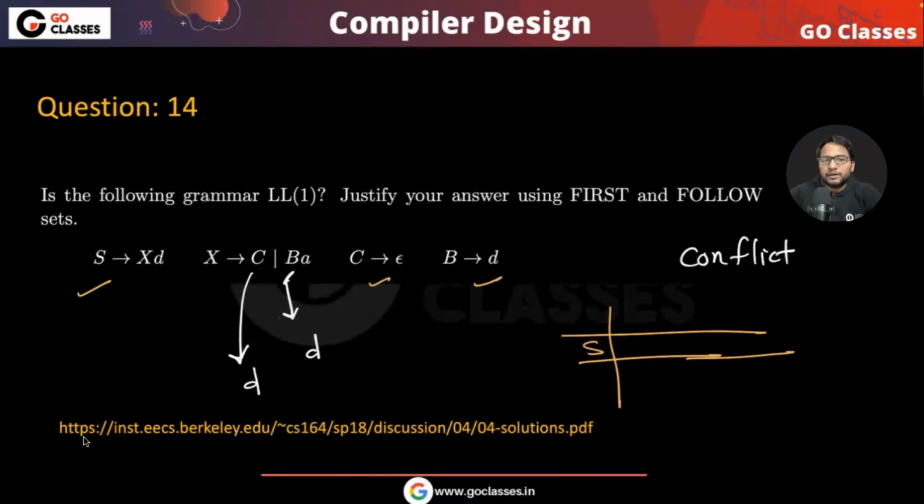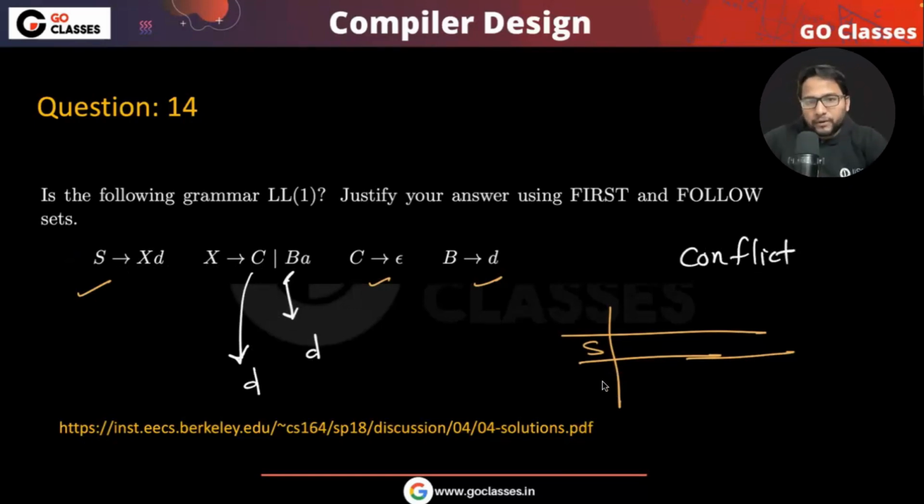See, what is the table? In the table, if you have S, X, or let me just write only for X. If I just write only for X, only one row, then there will be the conflict. So this X is saying, let's suppose this is C, this is D, okay, AD and dollar.